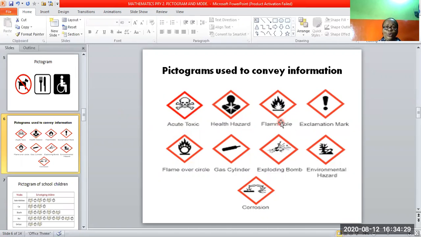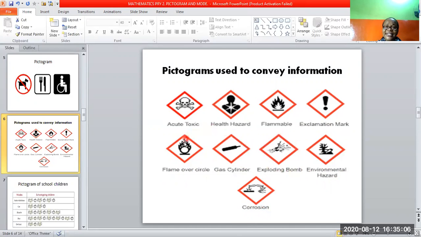Highly inflammable: don't parade fire around that particular environment, because it is highly flammable. Exclamation mark means you can walk to the counter, walk to somebody and ask your question. Flame over circle, gas cylinder, exploding bomb, environmental hazard, and corrosion.